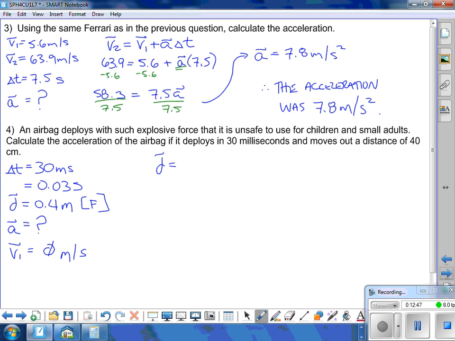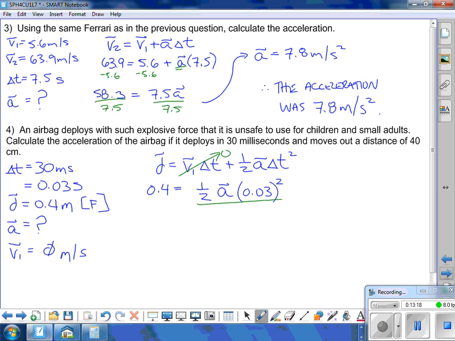So D equals V1 T plus 1/2 A delta T squared. We know that D is 0.4. V1 is 0. That's awesome because if you multiply by 0, that whole term will disappear. 1/2, I'm looking for acceleration, and the time is 0.03 squared. What's happening to the A? It's being multiplied by 1/2 and 0.03 squared.